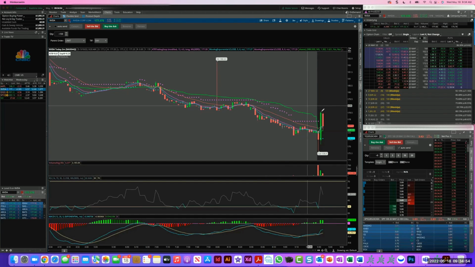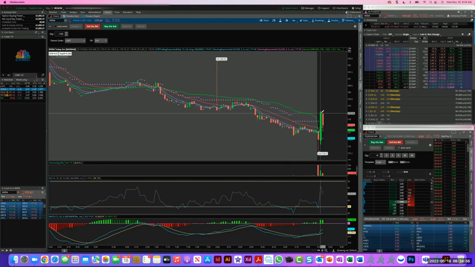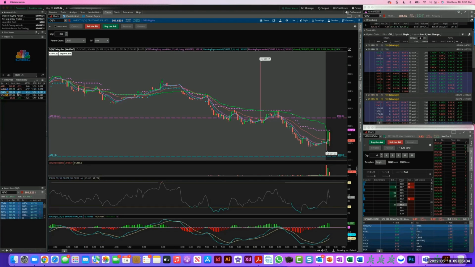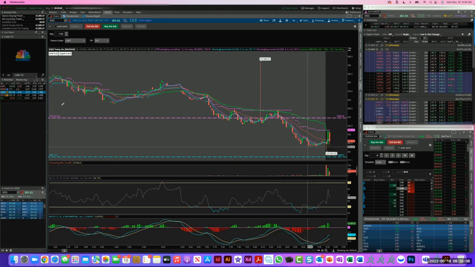We will not get the opening range placed on our chart until 9:46 thereabout. Then we'll have established our highs and lows. We're looking at a 2-minute chart.